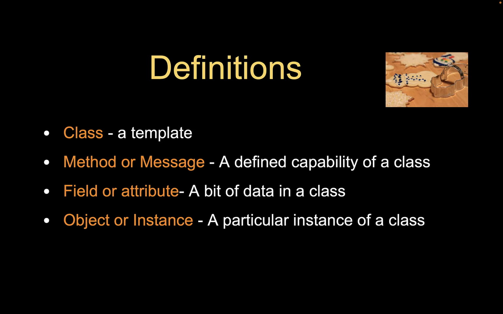So let's go to some definitions. So how do we create objects in Python? Well, we create new instances of a class. Now, there are a bunch of classes that are built in, classes like int and float and string and Boolean.